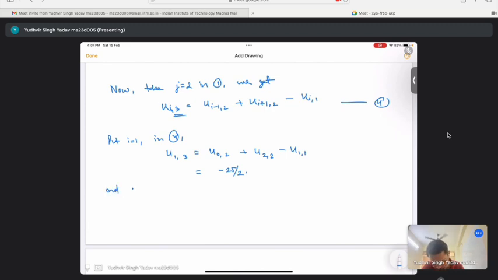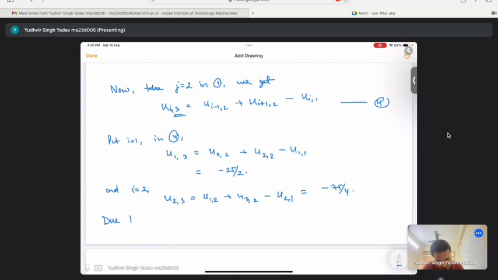And for i equals 2, we will have u(2,3) equals u(1,2) plus u(3,2) minus u(2,1). In this case, the answer comes out to be minus 75 by 4.